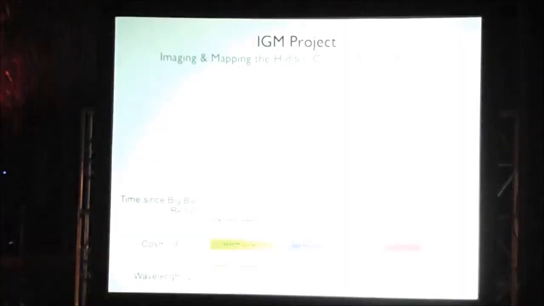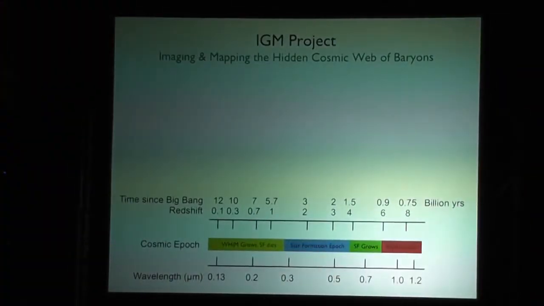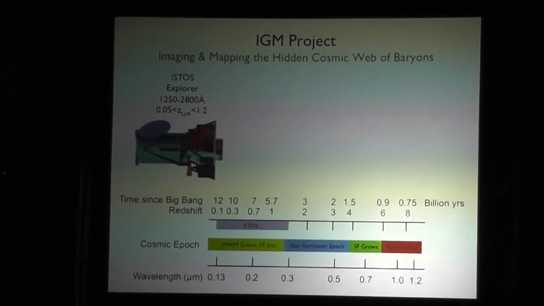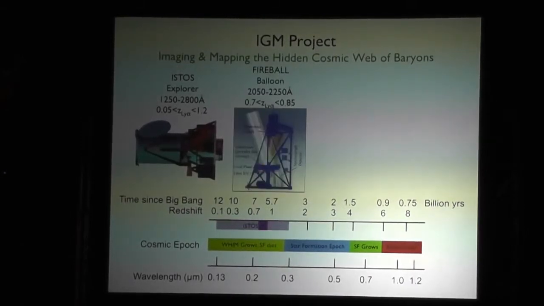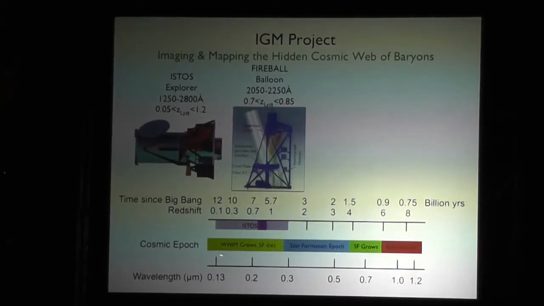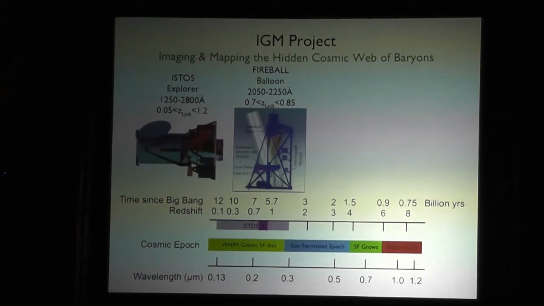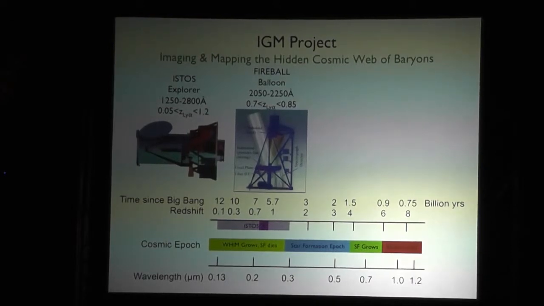So I'm doing that with a project I call the IGM project over the entire history of the cosmos. We have to do it in the ultraviolet for the nearby universe, and to do that, we have to go into space. So we're designing a satellite to do that, called ISTOS. We actually have funded to do a balloon called Fireball to do that at redshifts of 1, where things are relatively close and the universe is relatively mature.